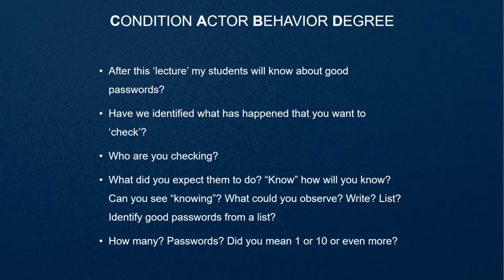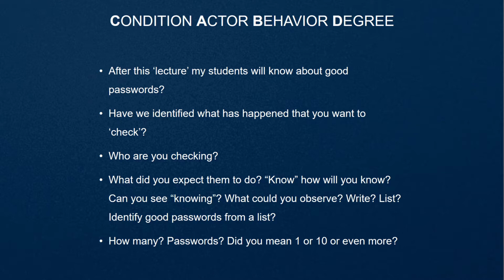Could you observe their writing good passwords, listing good passwords, identifying good passwords from a list? How many? What degree? How many passwords? Do you mean that they'd be able to write 1 or 10 or even more?